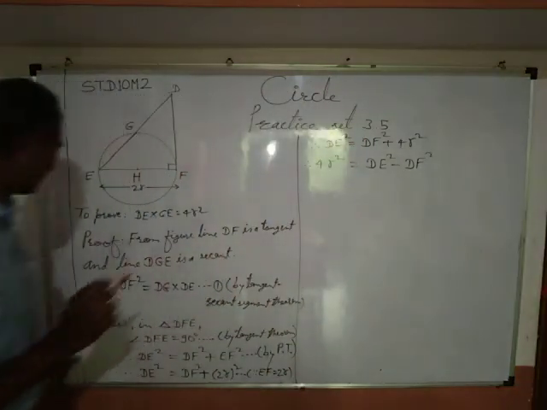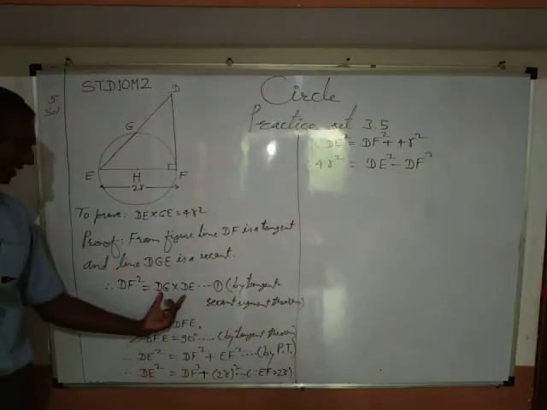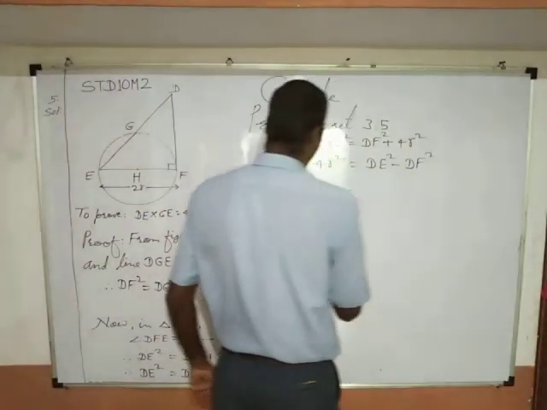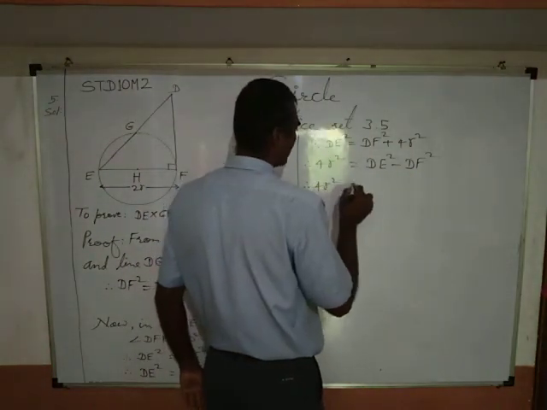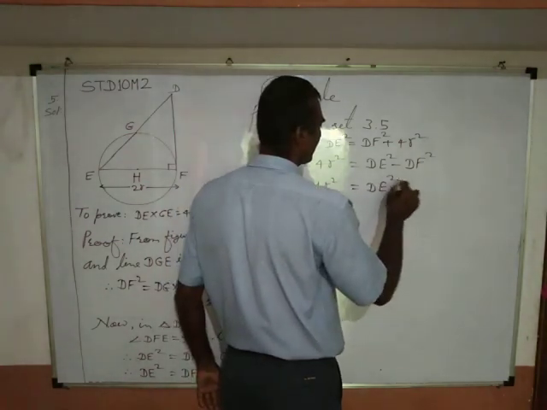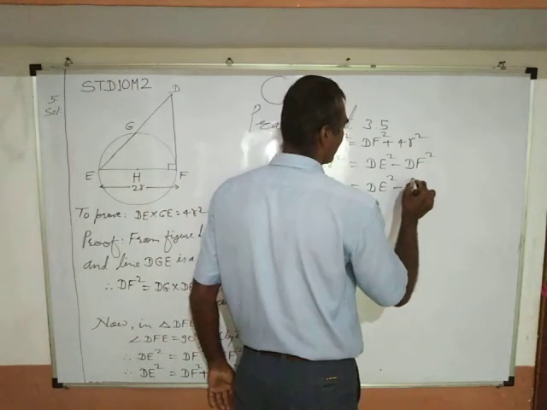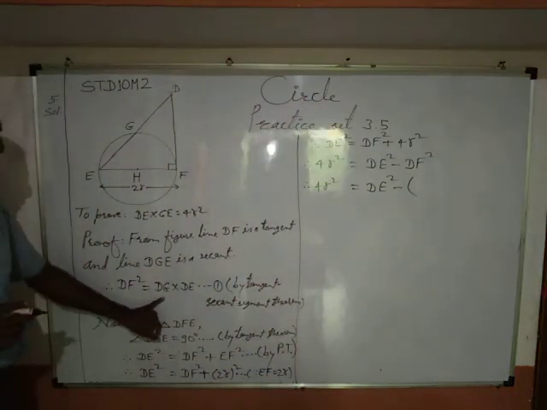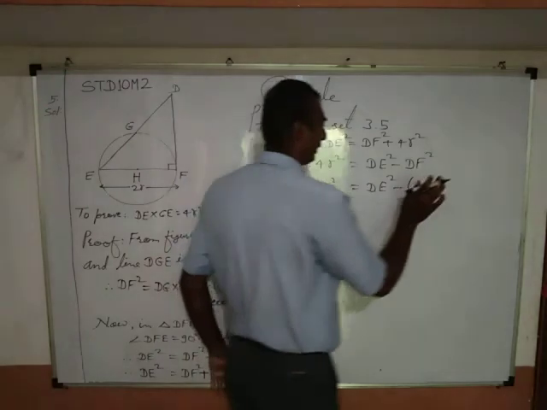Already we have DF square equals DG into DE. Therefore 4r square equals DE square minus DG into DE.